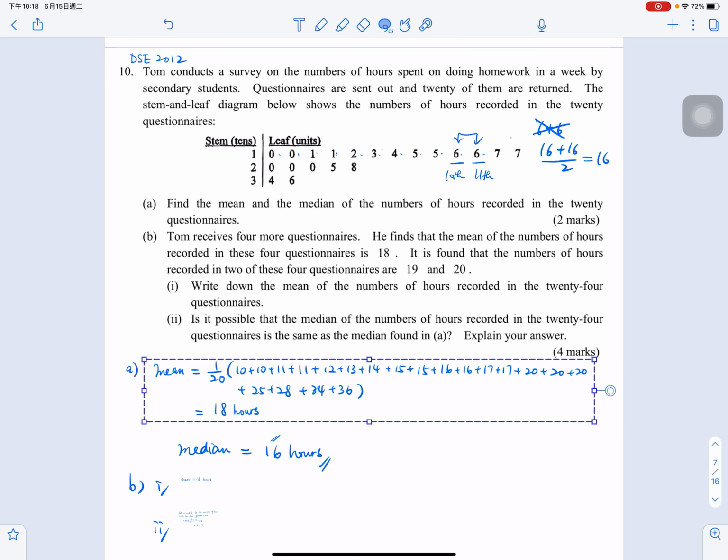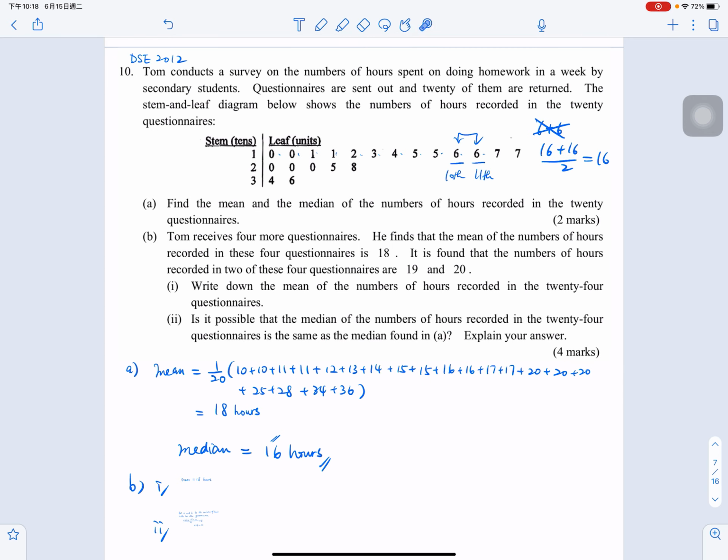You add up all the values, all the data. So 10, 10, 11, 11, 12, 13, 14, 15, 15, and so on. Add up all the values and then divide by 20. So 18 hours. Understand? So 18 hours is the mean and 16 hours is the median.